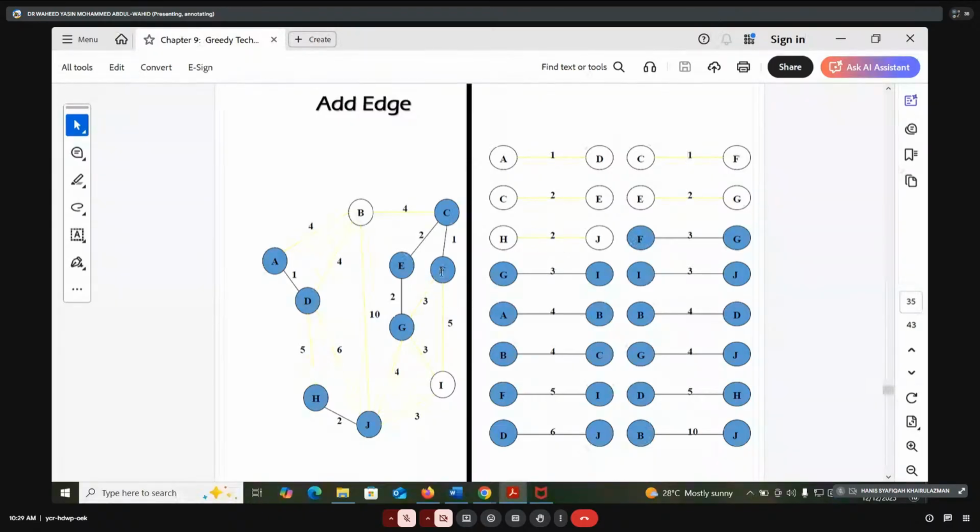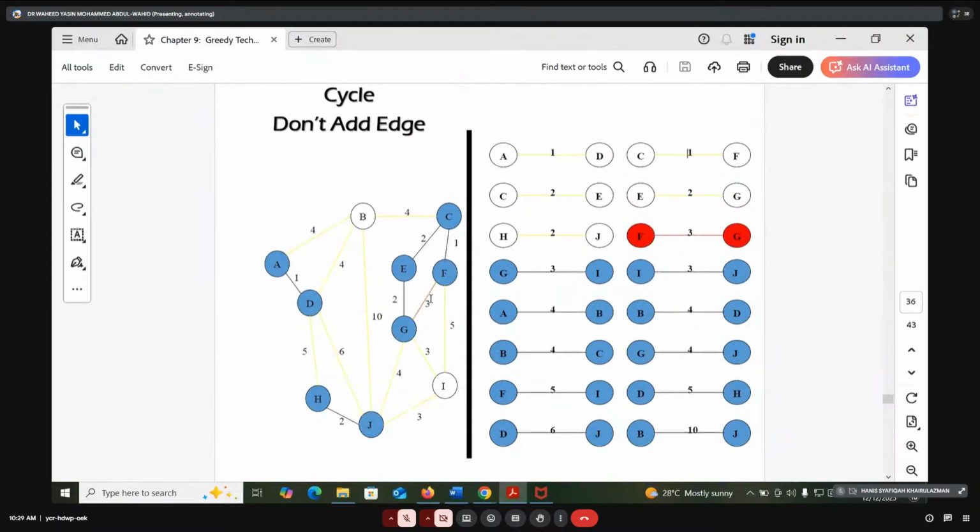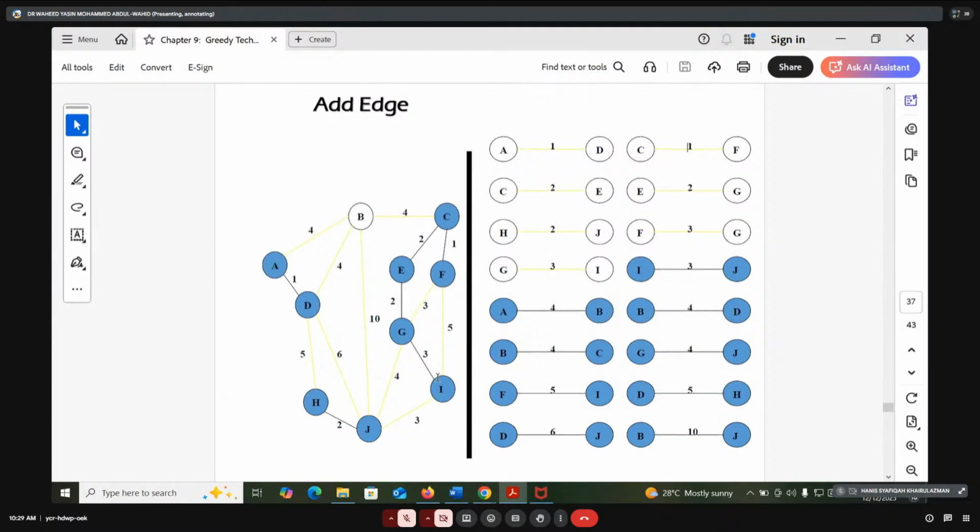FG 3. If I select this, there will be a cycle here. So I will ignore this one. Now GI. GI 4, GI 3. So GI 3 is okay. Now IJ. Where is IJ? Yes, okay.